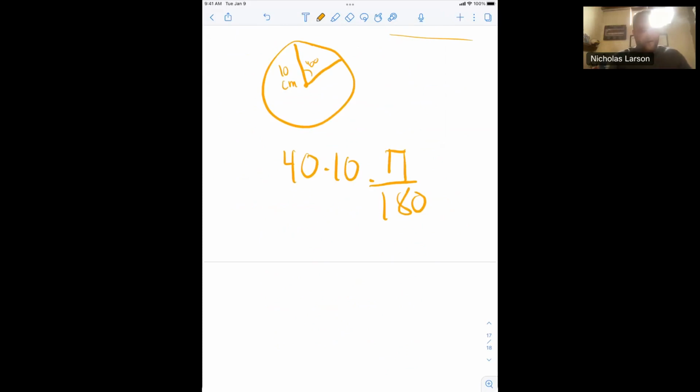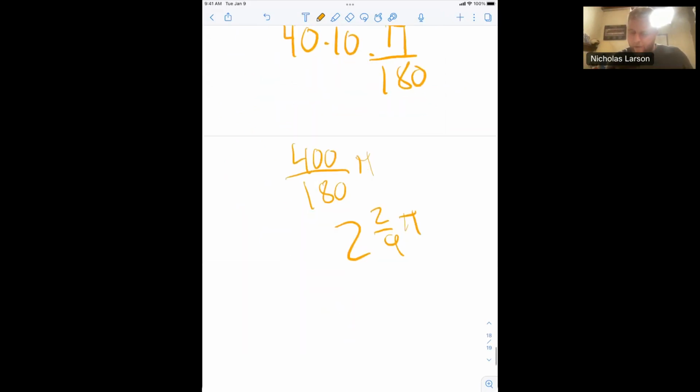So just doing 40 times 10 is 400 divided by 180, and I can simplify that into 2 and 2/9 pi, or you could say 20 over 9 pi.